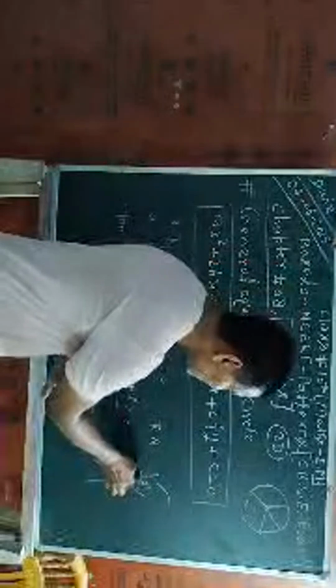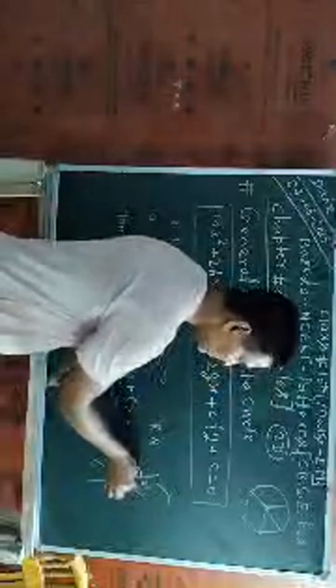This angle will be pi minus theta because on a line there will be only 180 degrees. So this angle is theta, and this angle will be pi minus theta. So I will consider with the help of this formula.